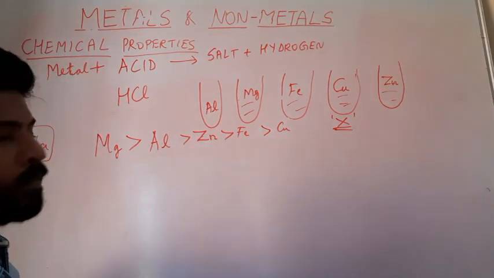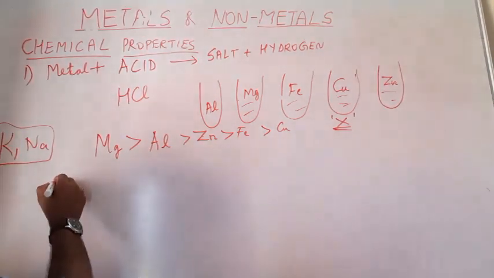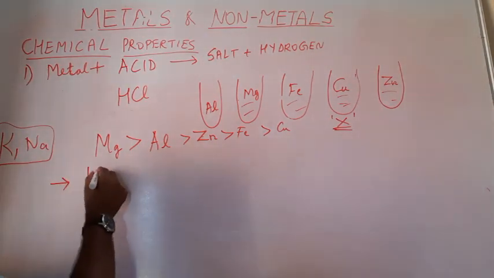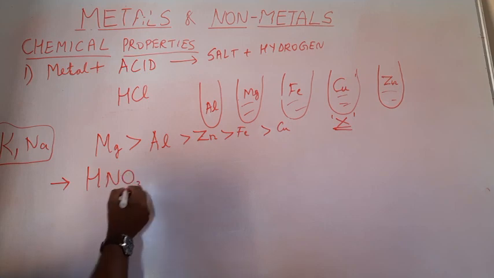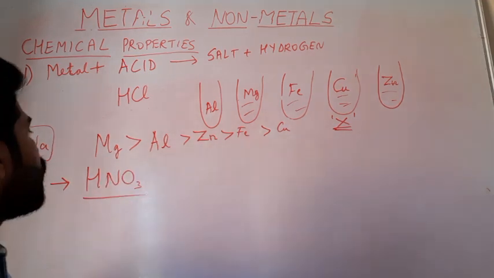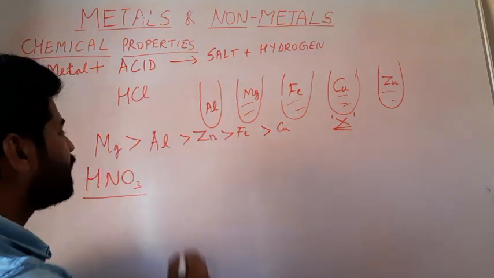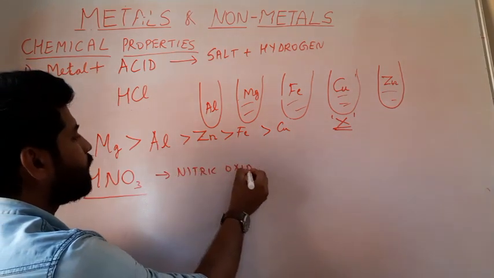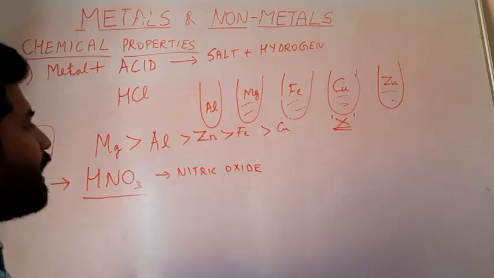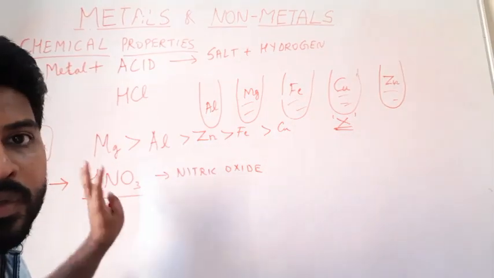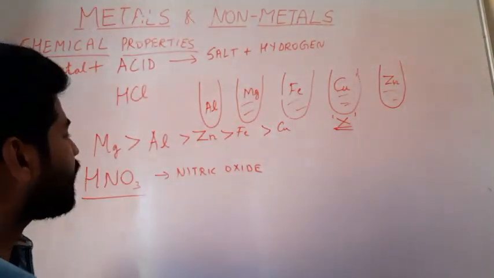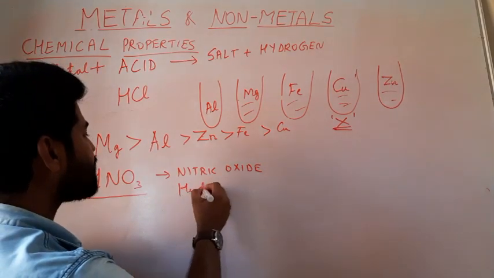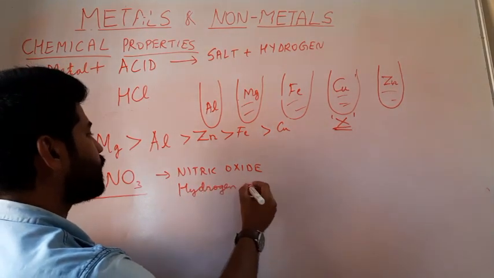Also, another important point to note here is that metals do not show the usual reactivity with nitric acid. When metals are used to react with nitric acid, hydrogen gas is not produced.